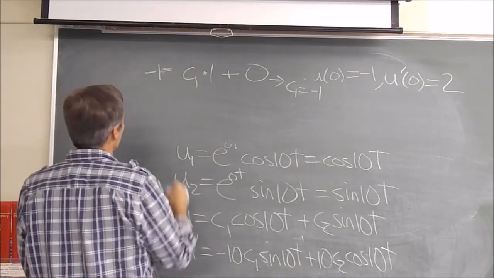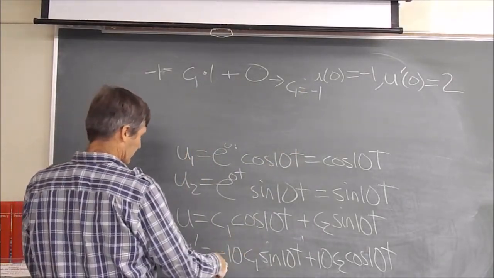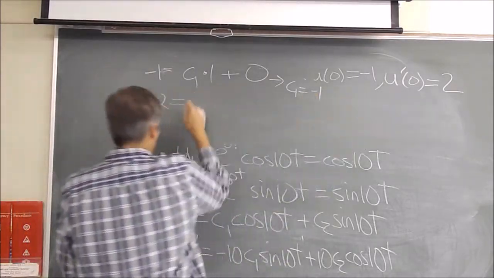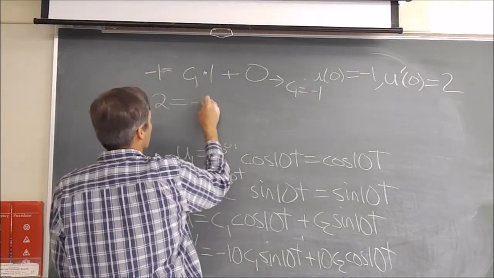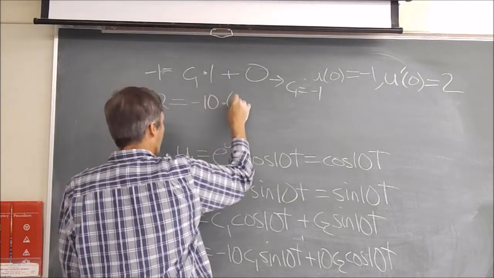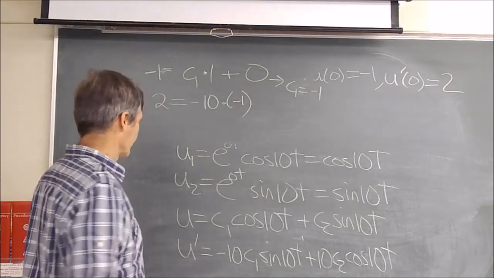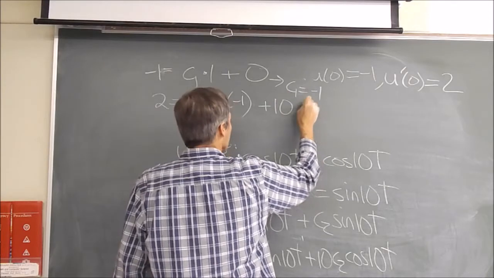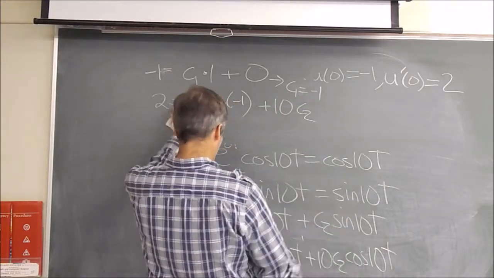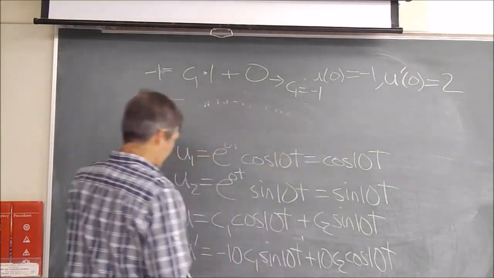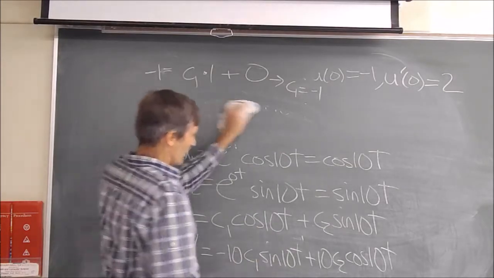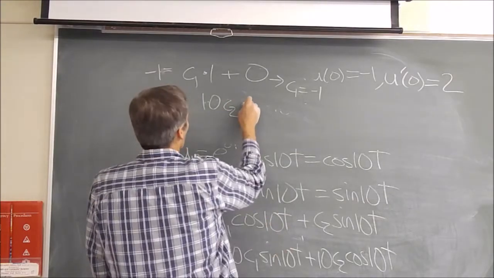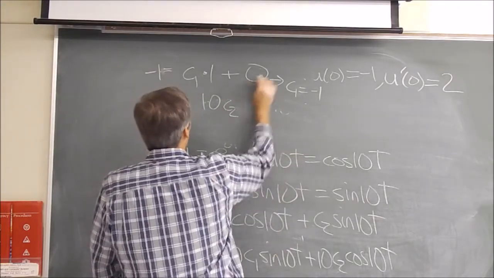How about c2? We have from the derivative that u prime of 0 is 2, which is equal to this evaluated at 0: minus 10 c1, well that's minus 10 times negative 1, times sine of 0, oops, I'm sorry, this is sine of 0. So 2 is equal to 0 because sine of 0 is 0, plus 10 c2 cosine of 0, which is 1.